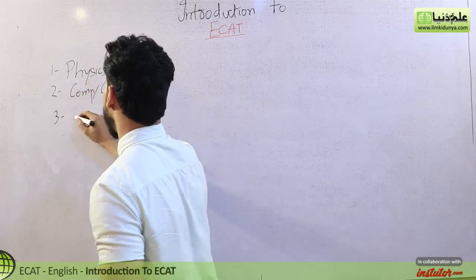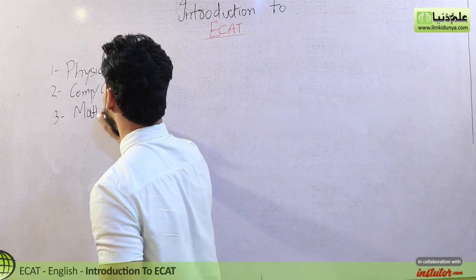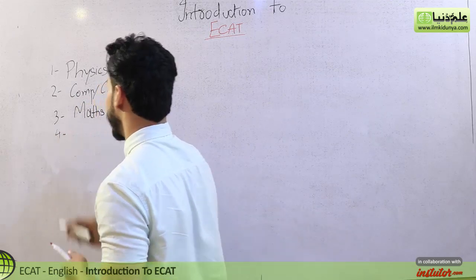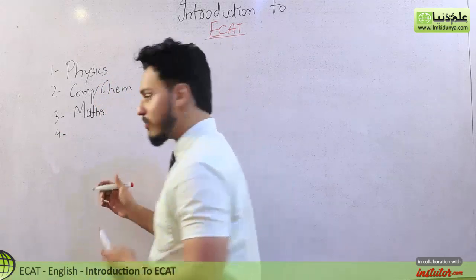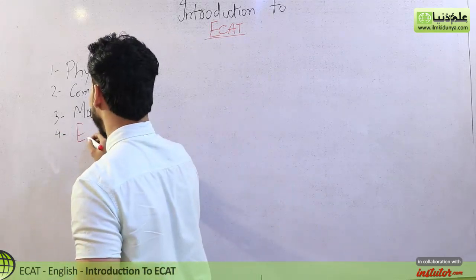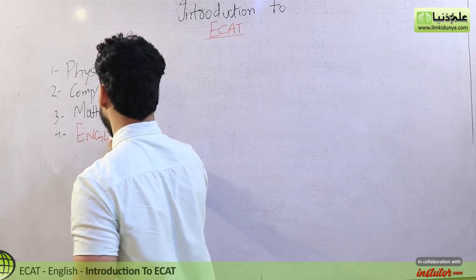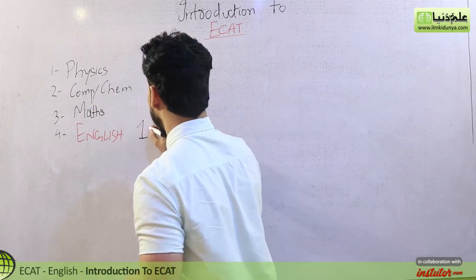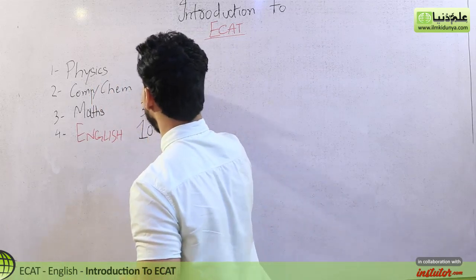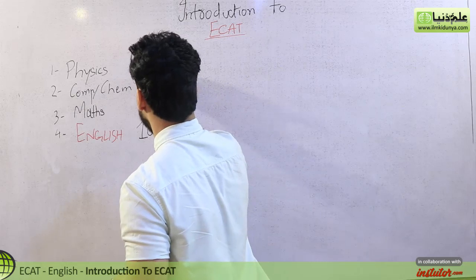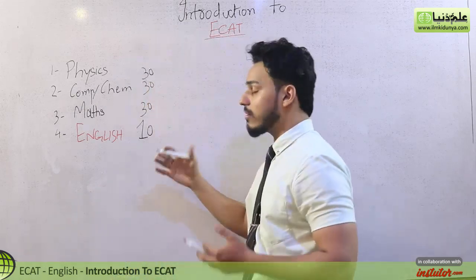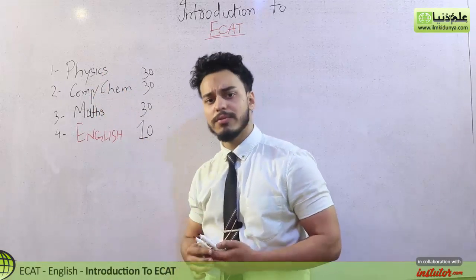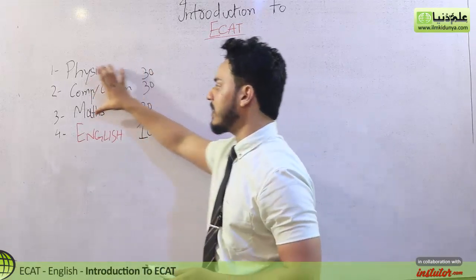Then we have maths. Most of the students are able to get maximum marks in these subjects, but unfortunately the students are not able to do justice with English, and eventually they lose marks. So it's very important to cover this area. It carries 10 marks. This carries 30, 30 and 30. The focus of all the science students normally is upon the science subjects, and every science student is able to cover these subjects maximally.